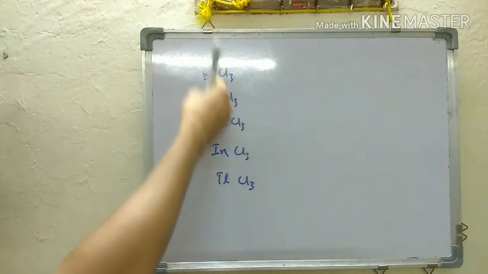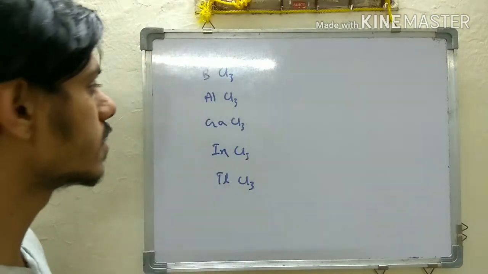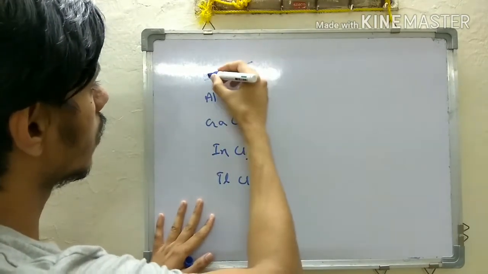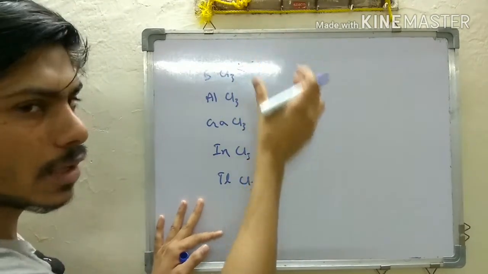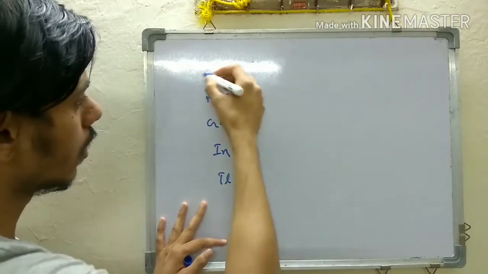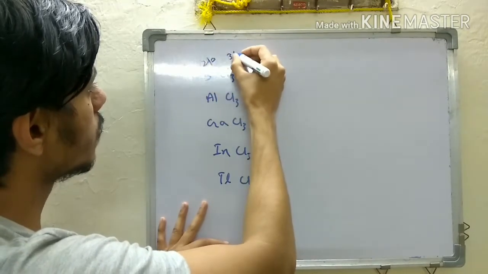Now if you compare the acidity along this series, what you will see is that for BCl3, the extra pi bonding I just discussed is between 2p and 3p.